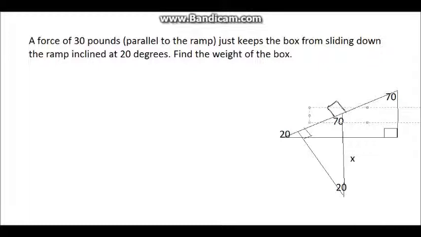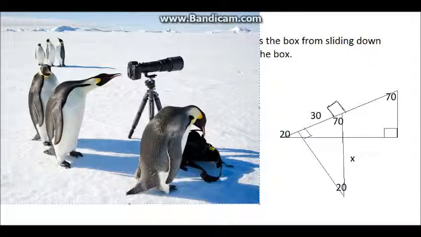That's the number we were solving for last time, up here. So that's 30. Then we use sines again to figure out what x is. We do sine 20 equals 30 divided by x. And with some basic algebra, we figure out that x equals 87.7. That's the answer, and that's the end of the lesson. So that's it, except for penguins!